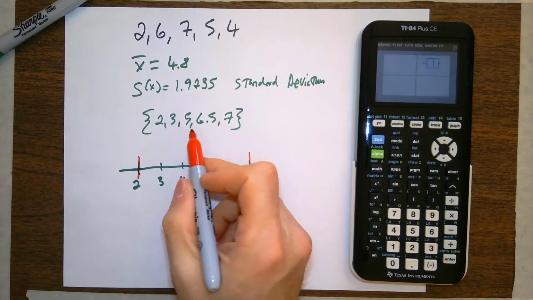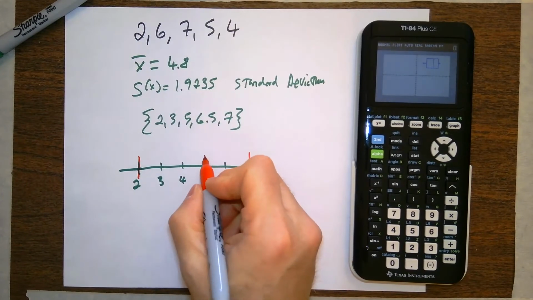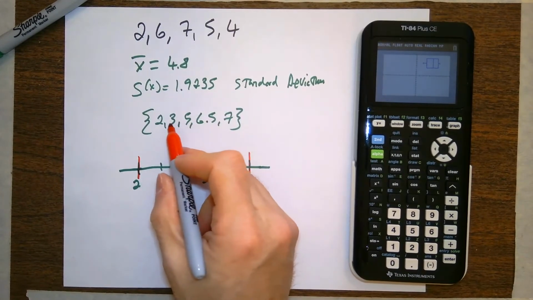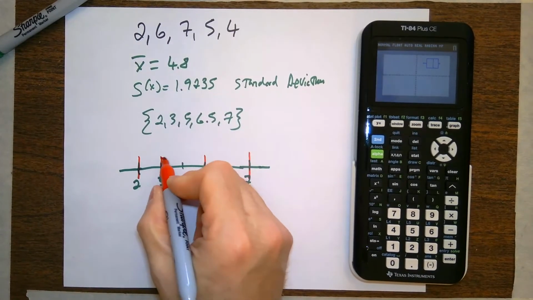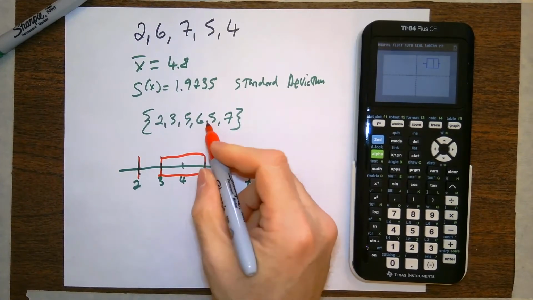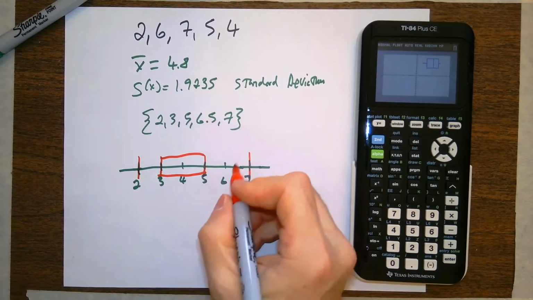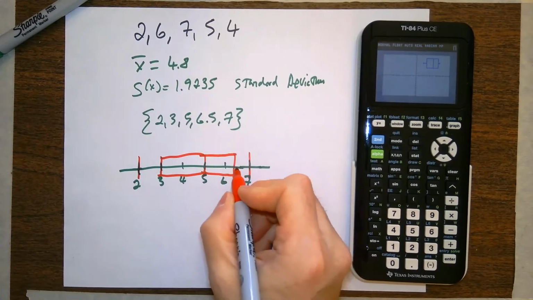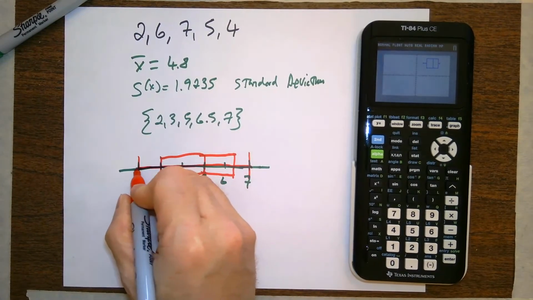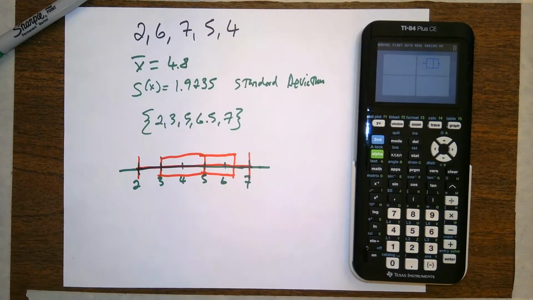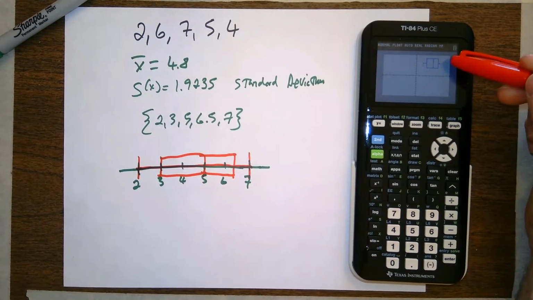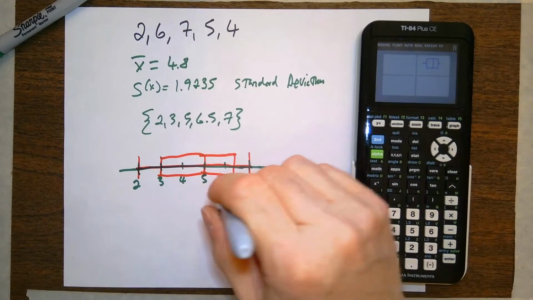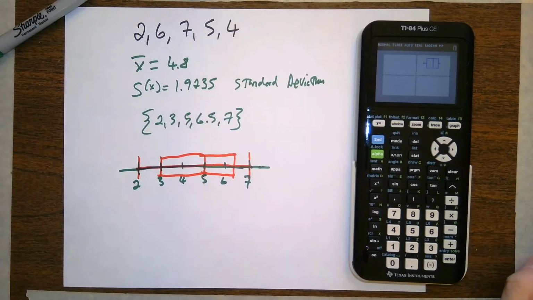My median, the middle number, was a 5. And then quartile 1 was a 3. And quartile 3 was a 6.5. So there it is. And I could change my window and get a better view of it if I wanted to. But there it is. There's everything that I wanted to do.